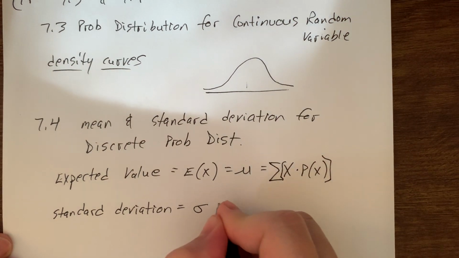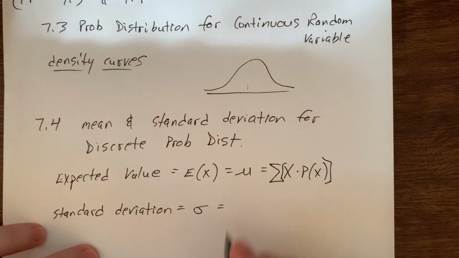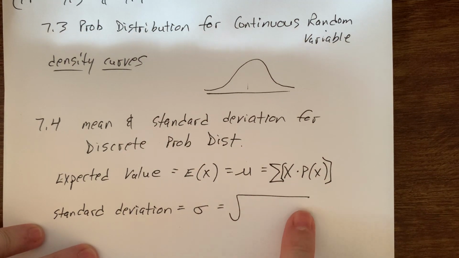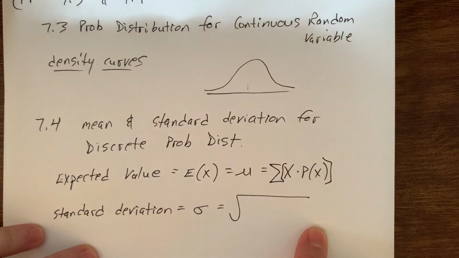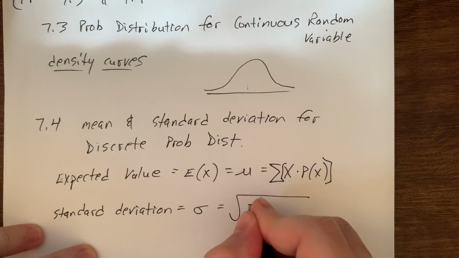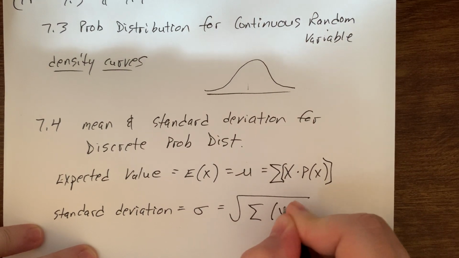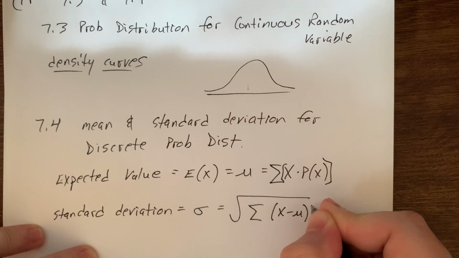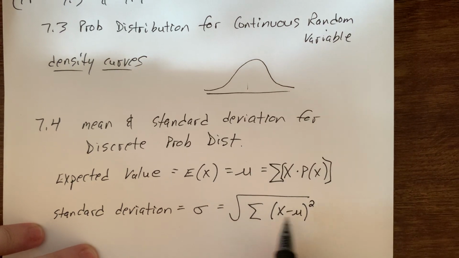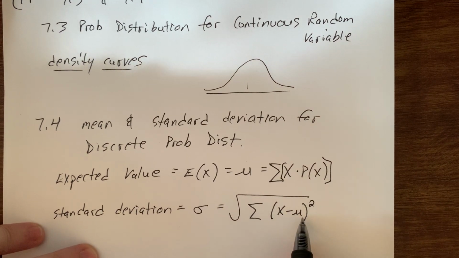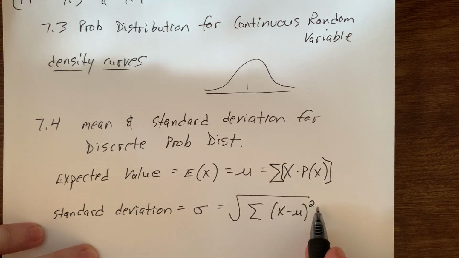So this formula, we're still going to end up with a square root, and we're still going to get an ugly summation here. We're going to get the summation of x minus mu squared, very similar to what we used to have. X minus mu, each data value minus the mean, then we will square that value.